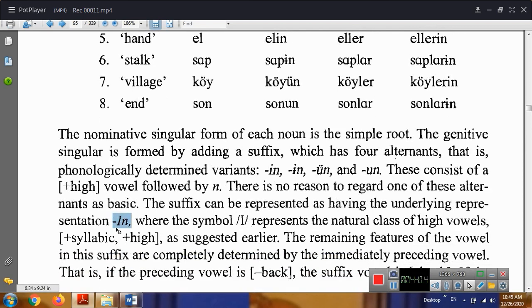Pay attention to this point, that we sometimes show the underlying representation of a sound as a capital form of that sound. Here, the capital form of I means that it is the underlying representation.